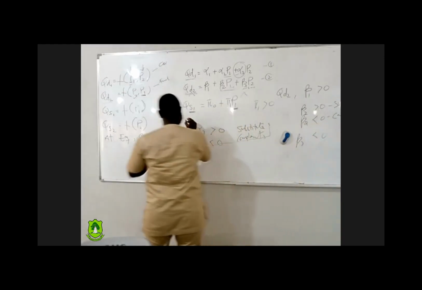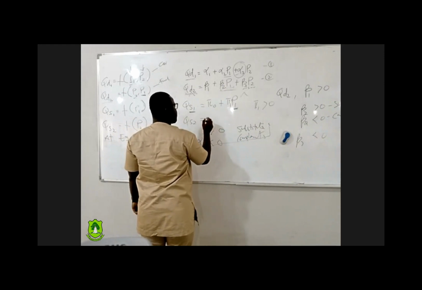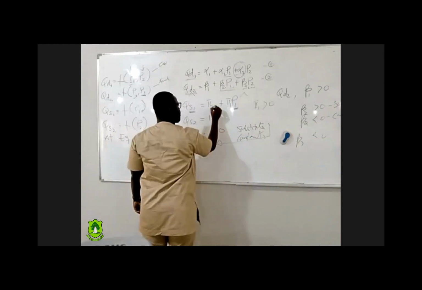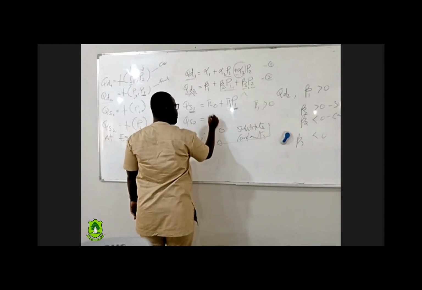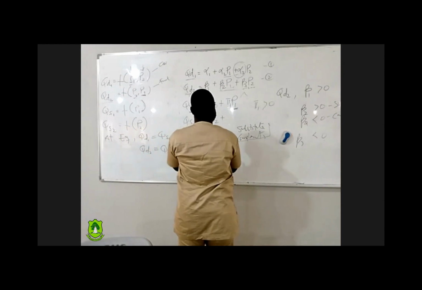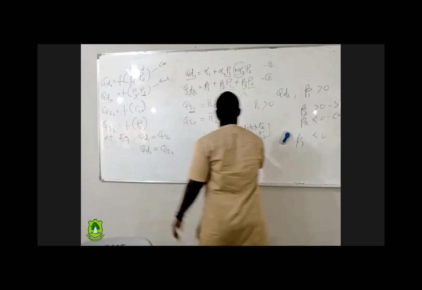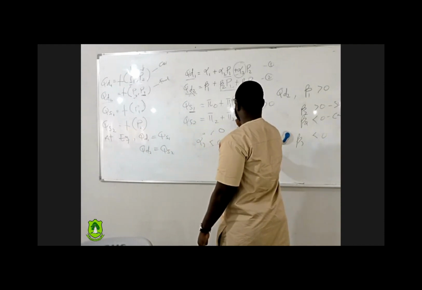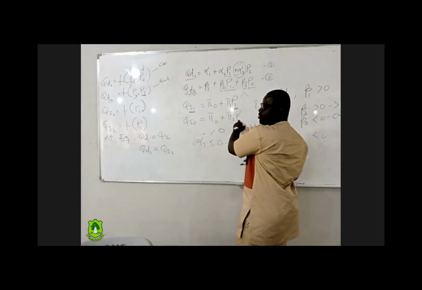And then the quantity supply 2 will also be, let me use 1 so that it will be consistent. Here will be 2 plus, maybe 3. Will it be 2 or 1?